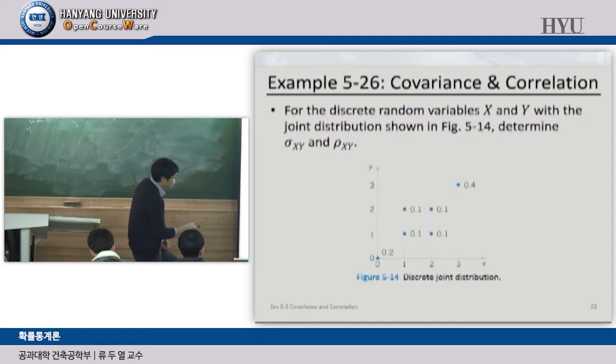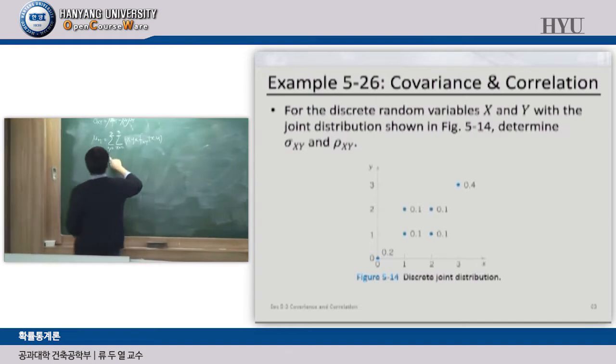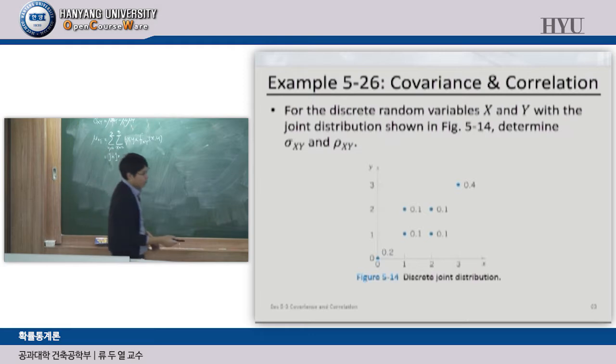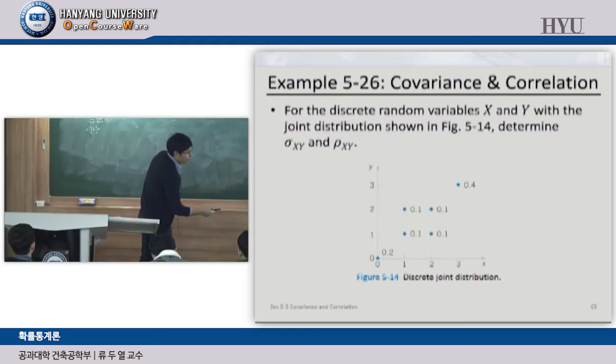That means we only need to consider these 5 data points. When x is equal to 1 and y is equal to 1, the probability is 0.1.